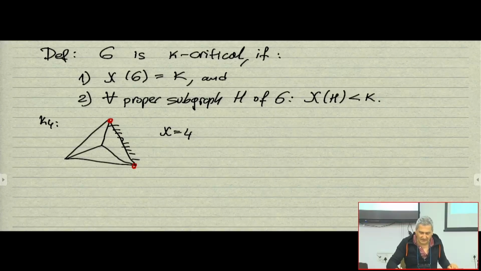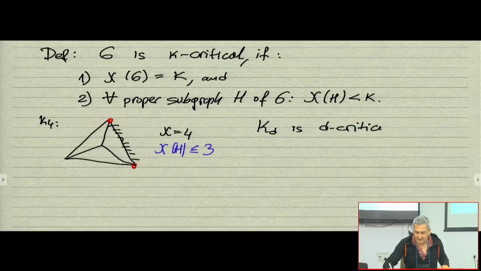Then H is some proper subgraph, and it is at most 3. So we can easily see that K4 is 4-critical.